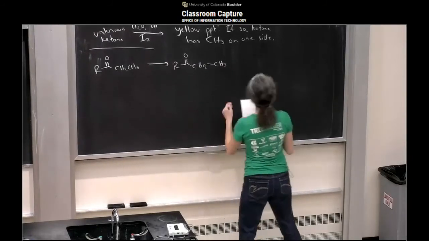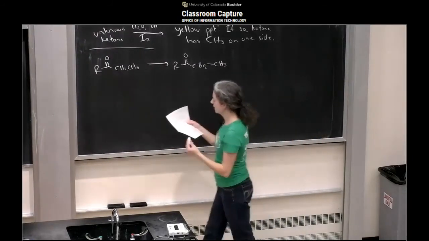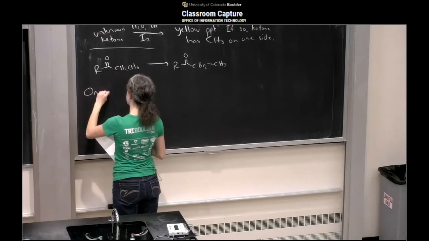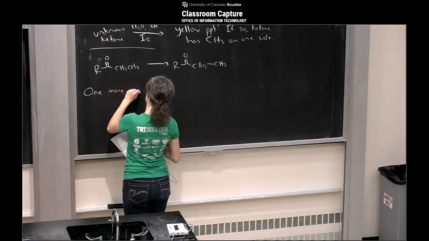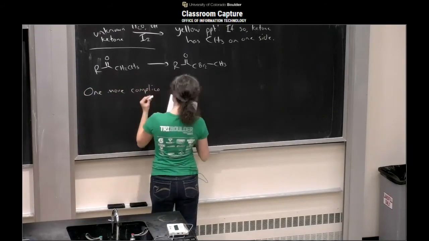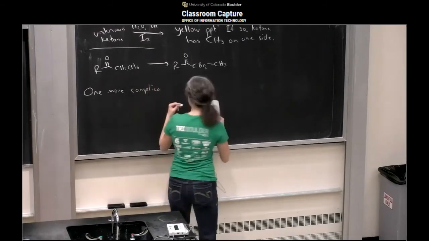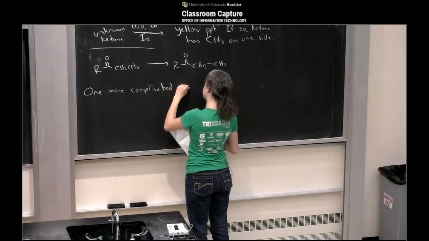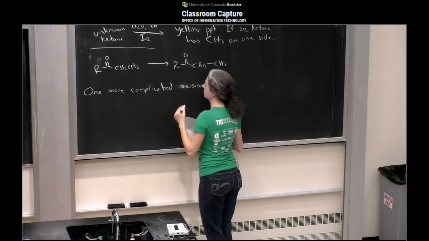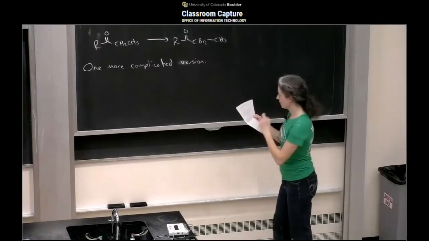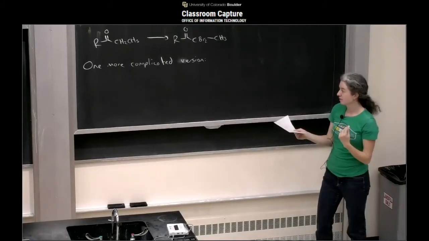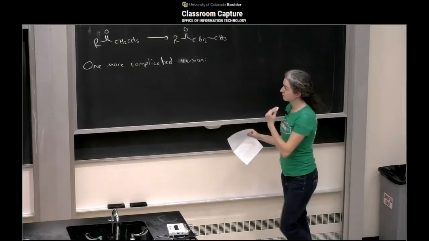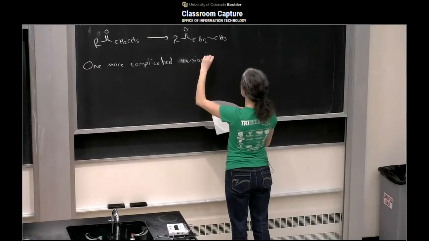Okay, so one last variation of this that we're going to see. Oh, I guess this actually sort of indirectly answers your question. Okay, so one more complicated version. This reaction turns out to be not super favorable on things with carboxylic acids.